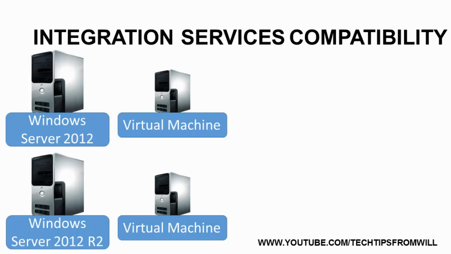I will now run through each of the guest operating systems one at a time which are capable of running guest integration services and whether or not there are any prerequisites. Remember, the only difference between the two host systems is that Windows Server 2012 uses version 6.2 of guest integration services, and Windows Server 2012 R2 uses version 6.3. The first operating system is Windows Server 2012 R2.